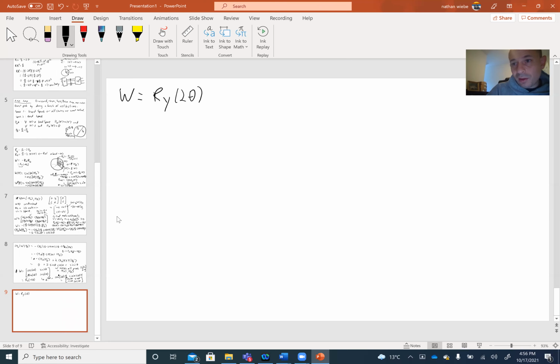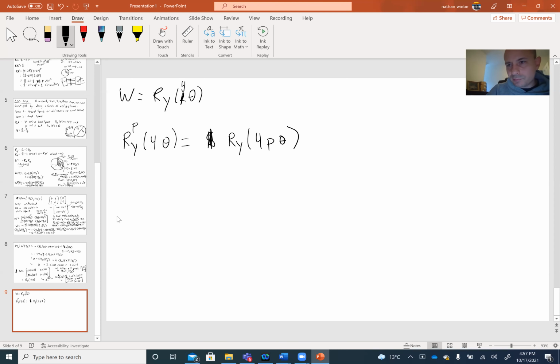And now using the handy dandy identity that I asked you guys to prove on the midterm, we have that Ry of 4 theta to the P is equal to Ry of 4P theta.